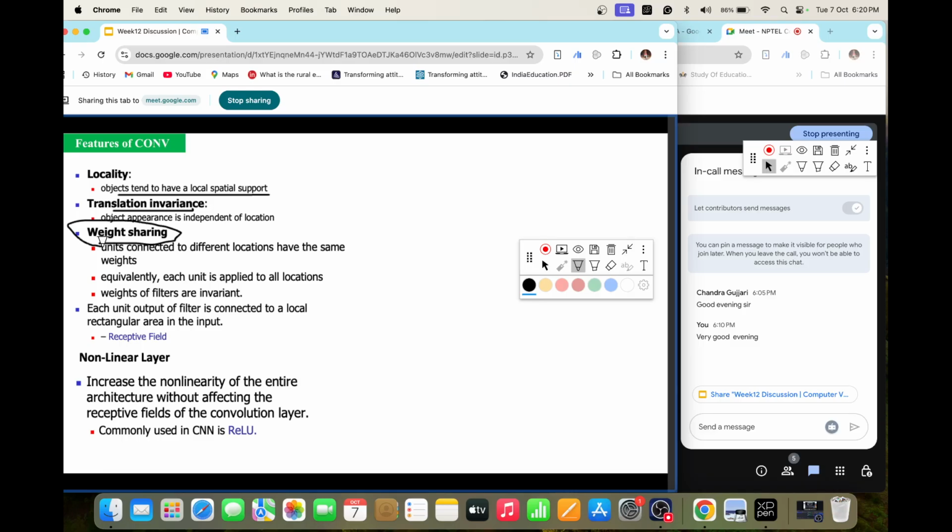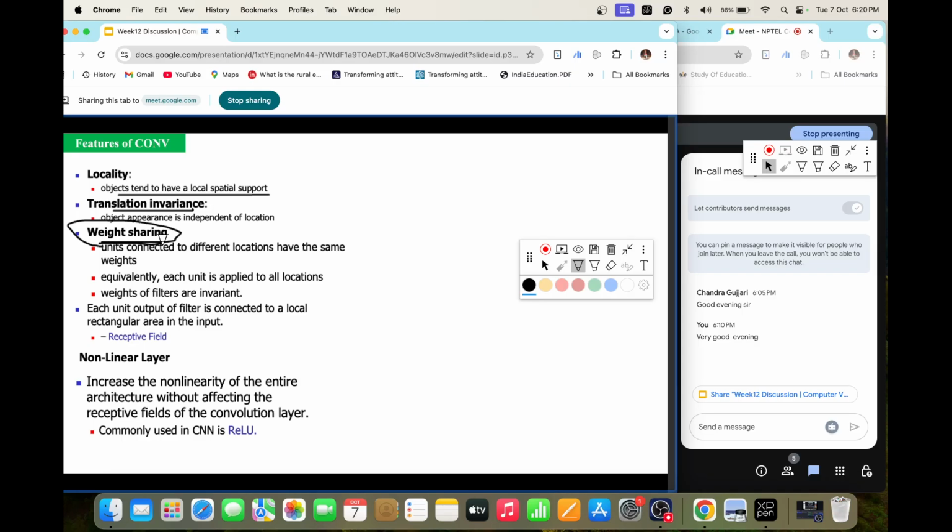But here, as we are using the same filter and convolving it, moving the filter from here to here, the filter has the same weight as we slide it. So we are doing weight sharing. That means we need not have different weights.